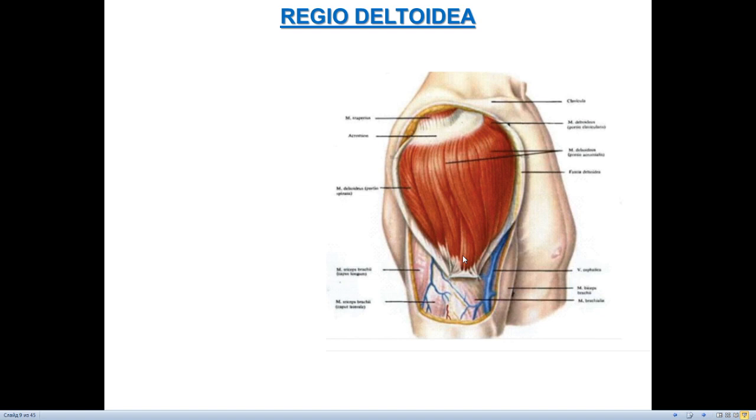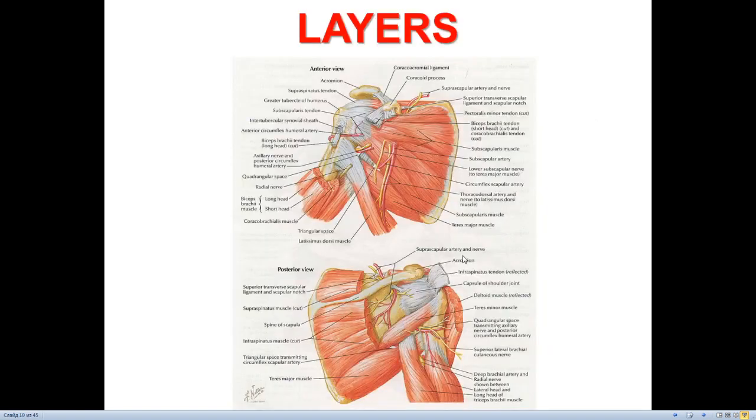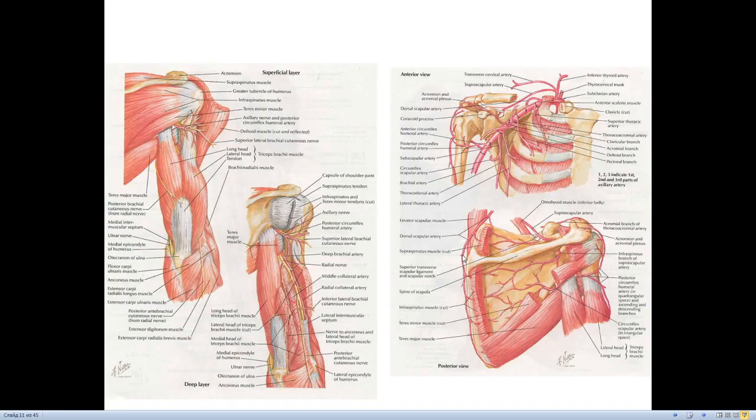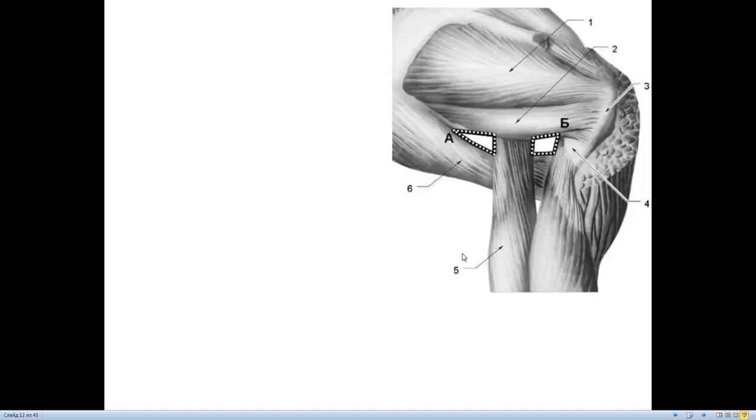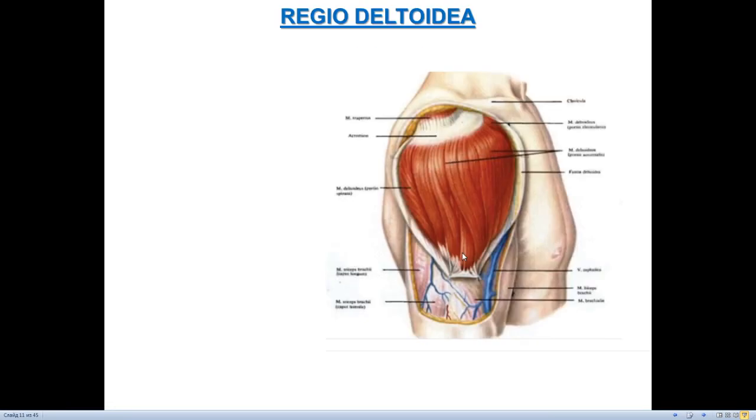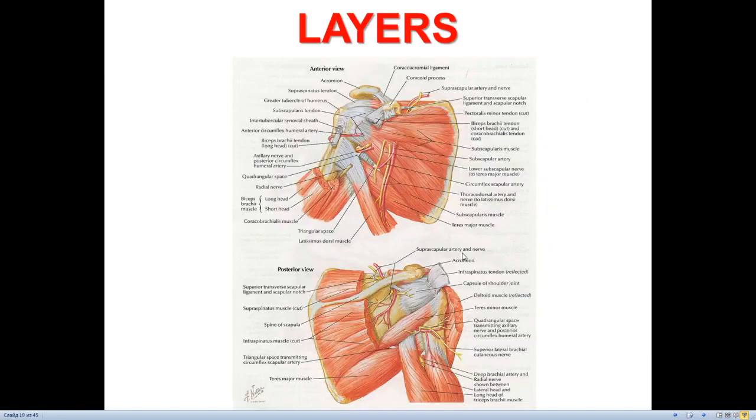Axillary region. The axillary region is bounded anteriorly by the inferior region of the greater pectoral muscle, musculus pectoralis major, posteriorly by the inferior region of the latissimus dorsi muscle.